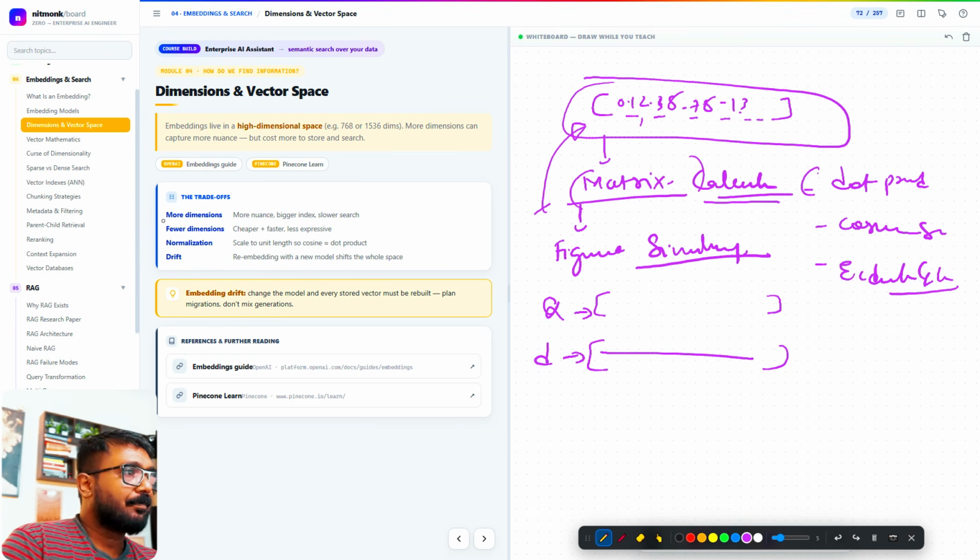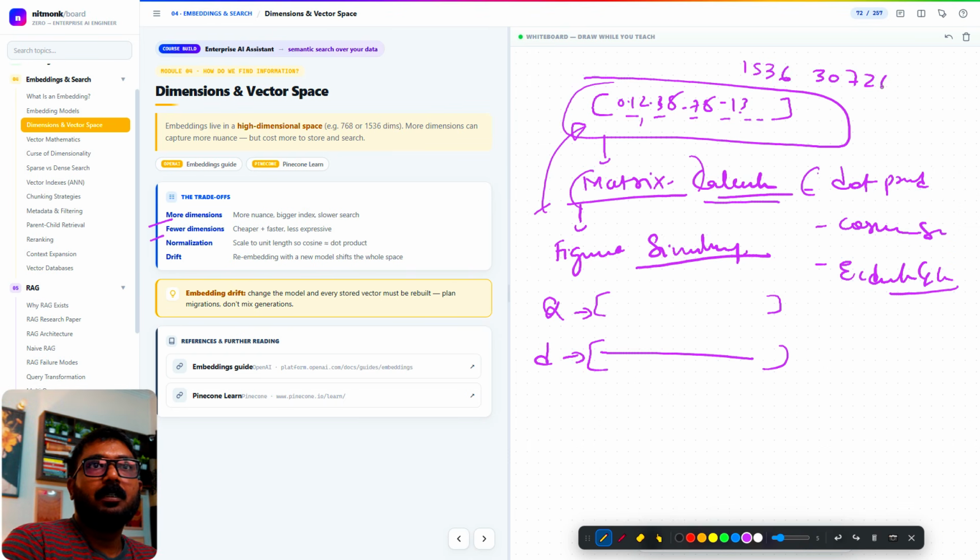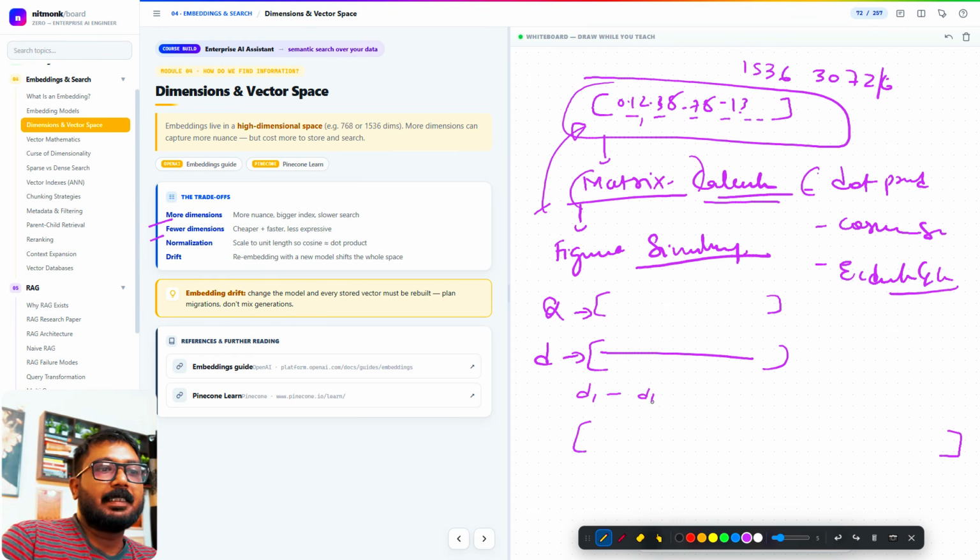So now, more dimensions versus fewer dimensions. If we go from 1536 to around 3072, the matrix size will increase. Earlier, we had D1 to D10 for defining cat, dog, tiger and lion, correct?